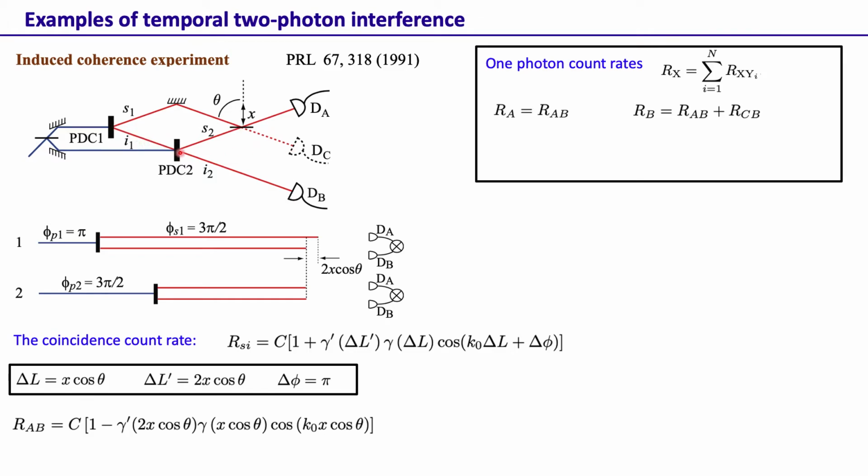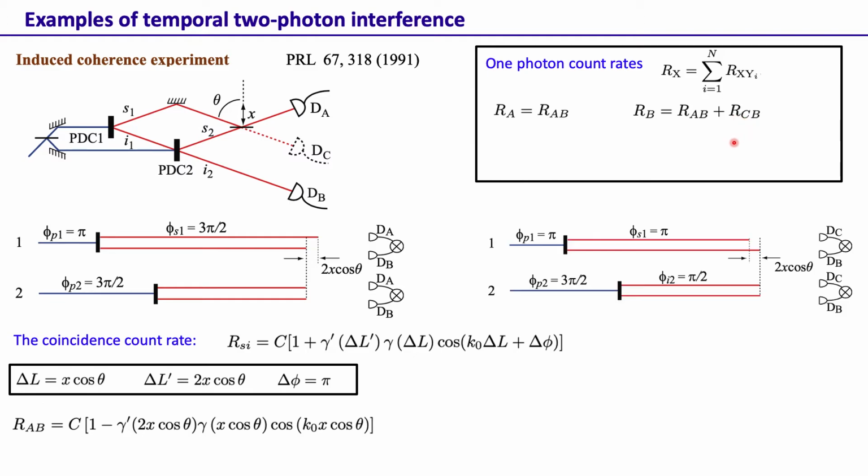Or if we detect an idler in this way, then its signal can go here as well as over there. So for a photon detected at DB, its corresponding entangled photon can go either to DA or DC, even if the detector is not there, and that's why the singles count rate at RB is equal to RAB plus RCB. We already have calculated RAB here.